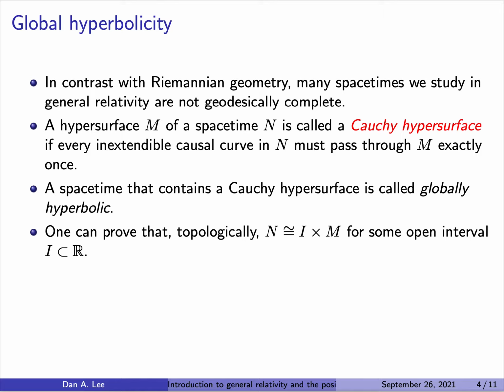So if you look at it this way, then you can understand what I meant about what's potentially missing here in terms of lack of completeness: the inextendable causal curves. They run into the boundary of I, so they either go too far in the future and run out of space. Okay, so if I is again a bounded interval, then you would have that incompleteness.